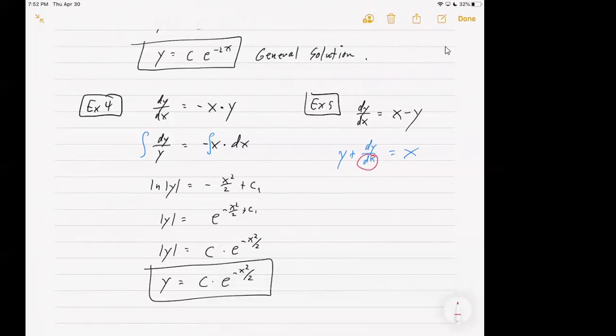I can't multiply by dx because if I did, I'd end up with y dx plus dy equals x dx. And now I'm still stuck with this dx here. How would I get rid of that? I divide by dx, but then that would just keep taking me back and forth between these two examples. Okay, so this is not separable.